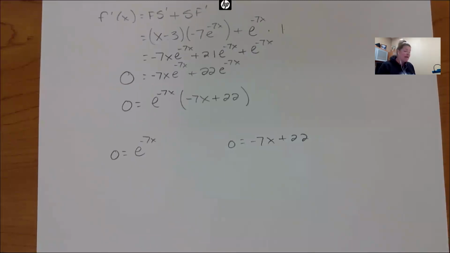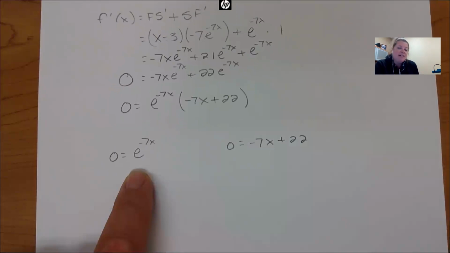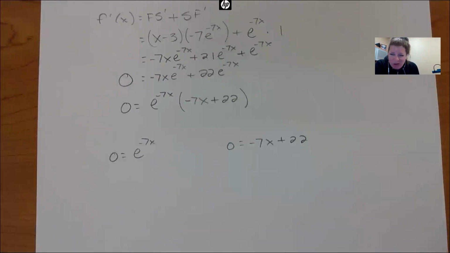Where does e to the negative 7x equal 0? Well, to solve that, you would use logs, and you would get no answer because it doesn't equal 0. E to the 0 power is 1. There's no way to get a 0 out because even if you have a 0 in the exponent, it equals 1.